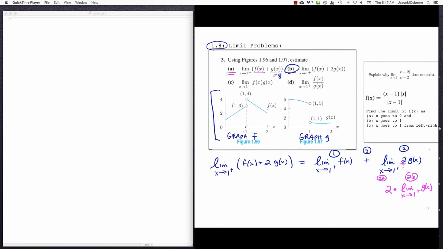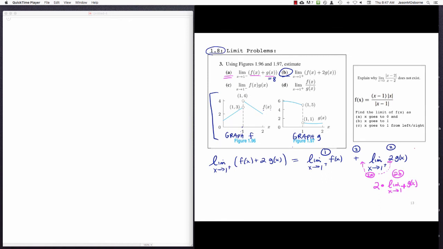So with limits, the 2 comes out in front of the limit. Okay, that's a property of the limit. And so we just need to compute the limit of g of x first and then multiply the answer by 2.